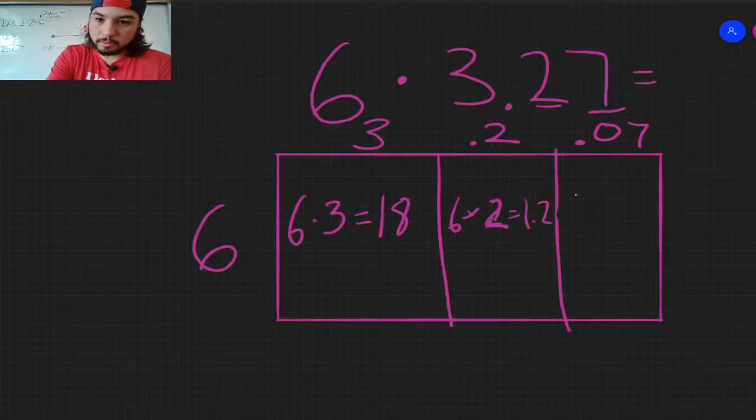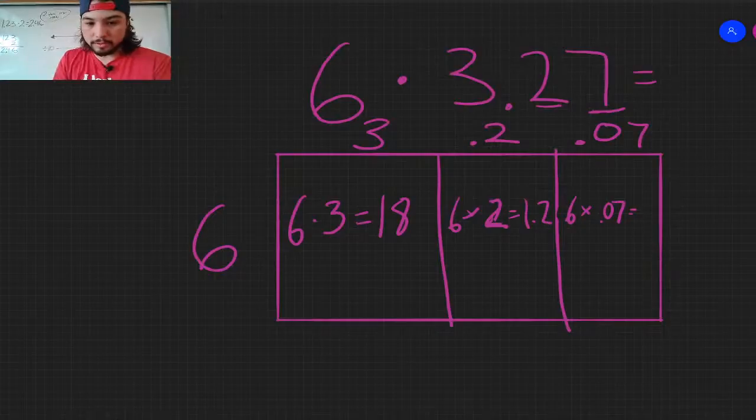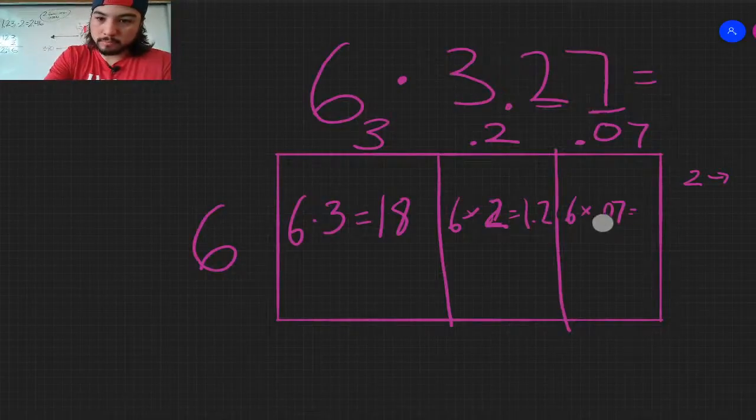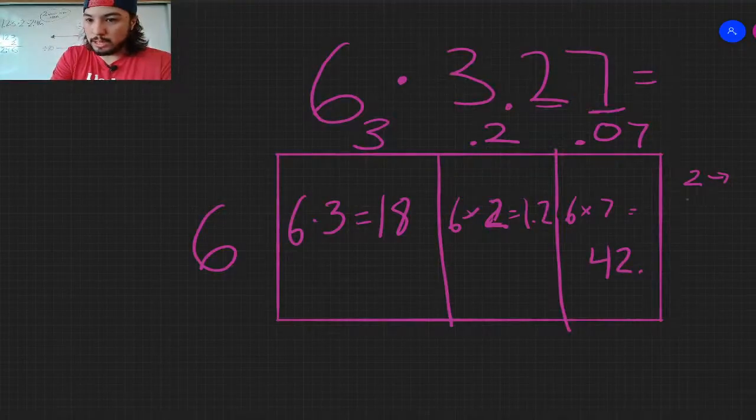And then here, 6 times 7. I should have made the boxes bigger. 6 times 7 hundredths. Alternately, you can say, I'm going to hide this decimal by moving 2 places to the right. So I'm going to remember 2 to the right. 6 times 7 is 42. And then I'm going to move 2 to the left to undo my inverse.